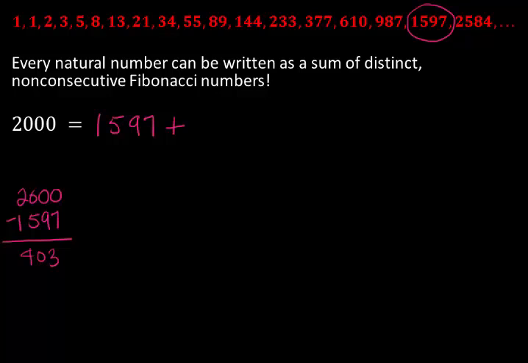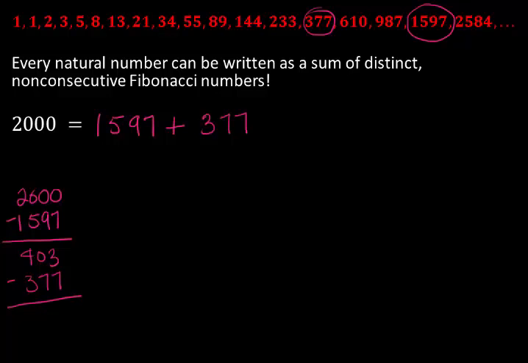But I don't want to put 403 there because that's not a Fibonacci. So what I do is take out the largest Fibonacci I can from 403, which is 377, the biggest Fibonacci less than 403. So I'll write 377. But then I need to subtract it from 403 and see what I have left.